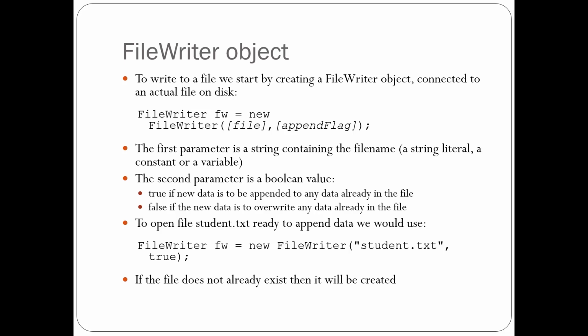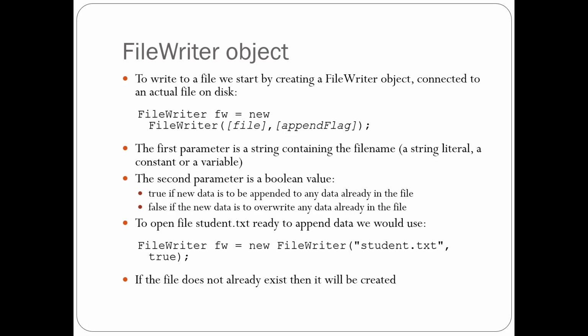The second part is the append flag. It's a Boolean, and you tell the FileWriter whether you want to append data to a file that's already there. Now that means if the file's already there and that append flag is true, you're just adding data to it. So it ignores the data that's already in there and appends new data to the end.